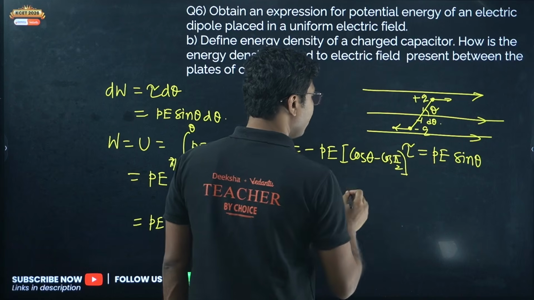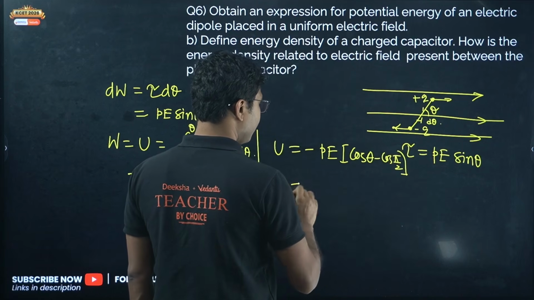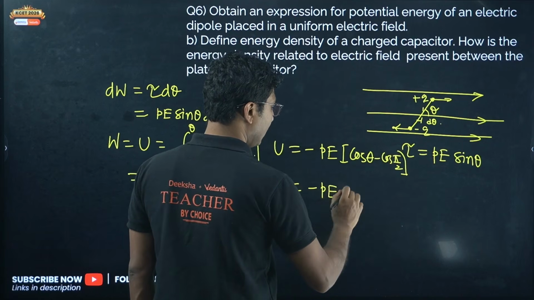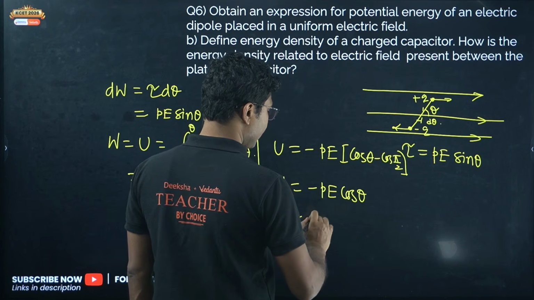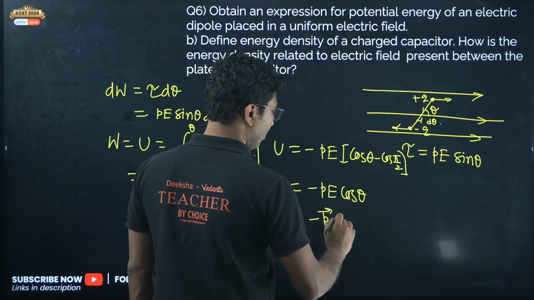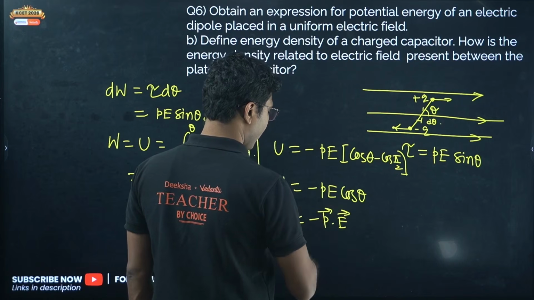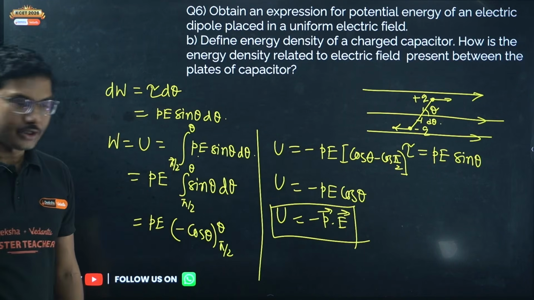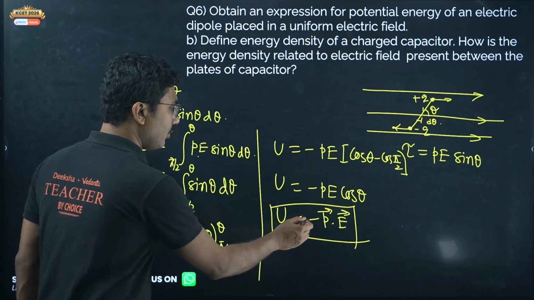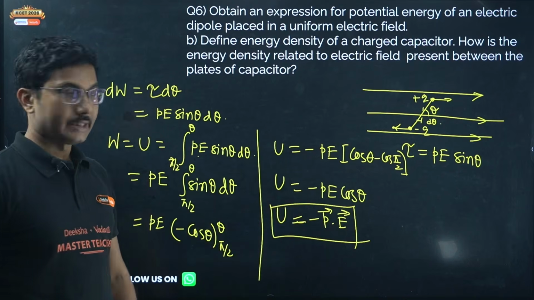Cos pi by 2 is 0, so we get potential energy stored is minus pE cos theta, or potential energy is minus p dot E. So this is the expression for potential energy stored in a dipole in a uniform electric field.